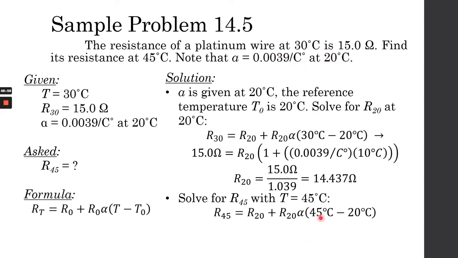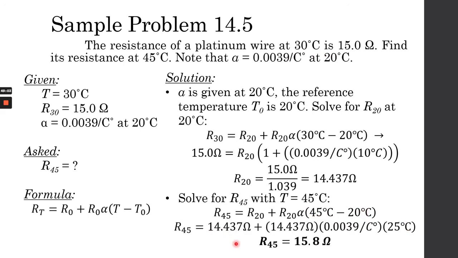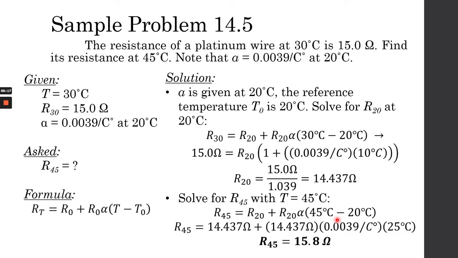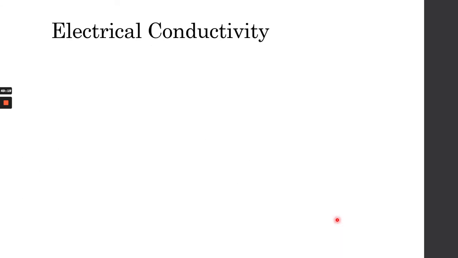And then 45 minus 20 degrees Celsius. Plugging in the numbers, we'll get that the resistance at 45 degrees Celsius of a platinum wire is 15.8 ohms. And so that's what temperature is about.